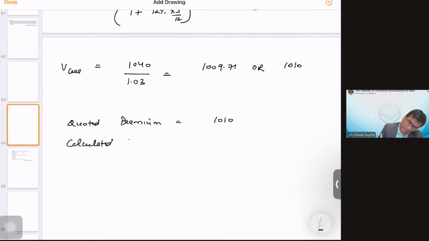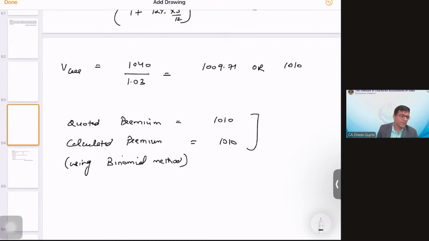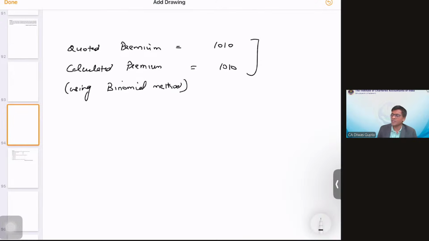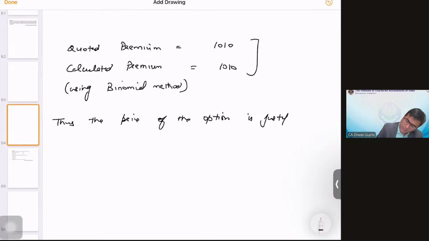Calculated premium using binomial method 1010. Is it justified? The answer is yes, it is justified. Both the places we are getting the same, right? So thus the price of the option is justified, students.